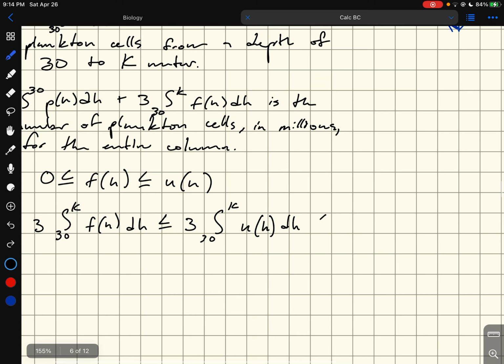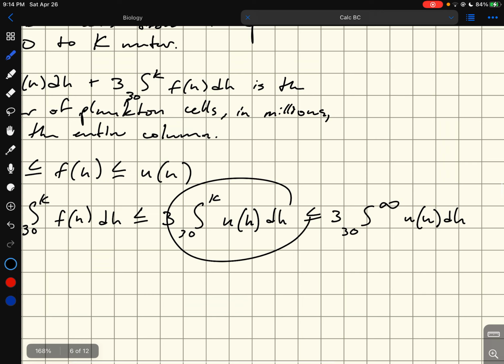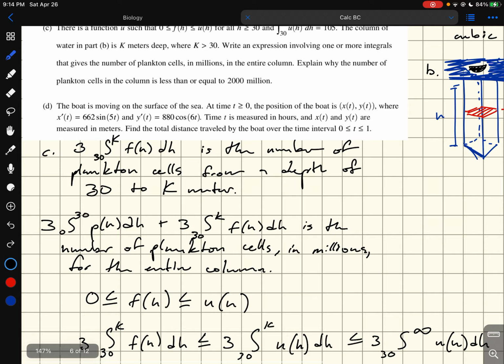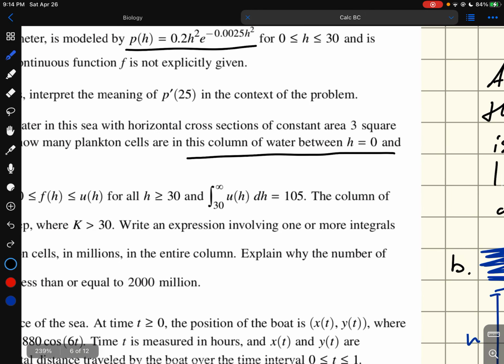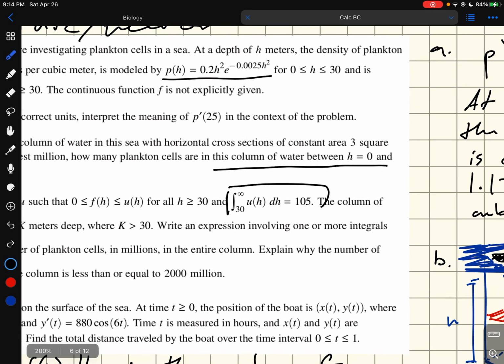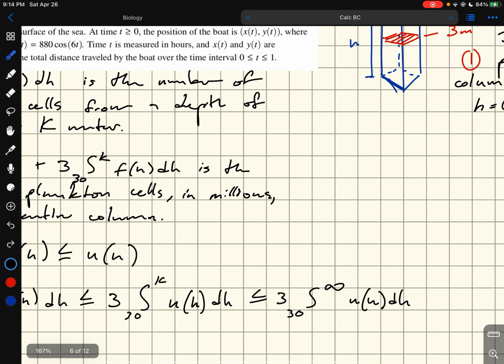And going even one step further, an integral going from 30 to infinity of u of h dh would be even bigger than this one, because instead of stopping at a number k, this hypothetical depth goes on forever. And we have a function that explains an integral from 30 to infinity, which is equal to 105.